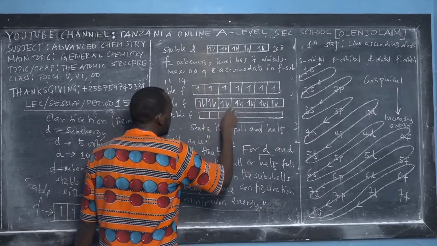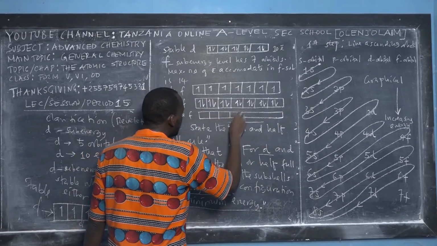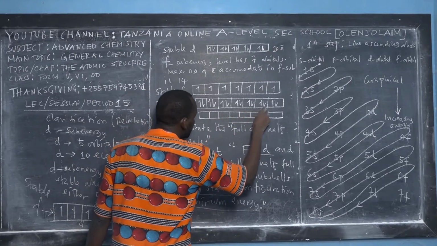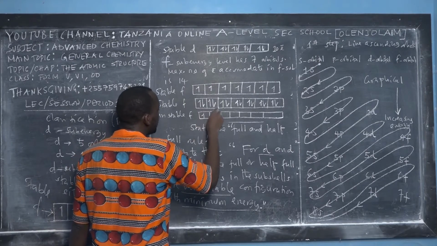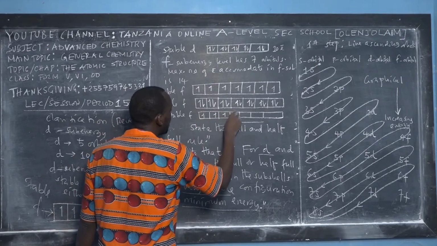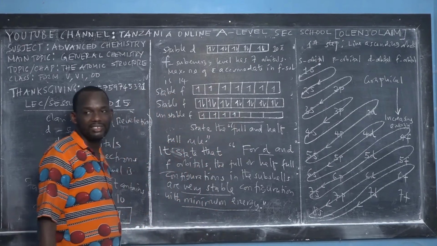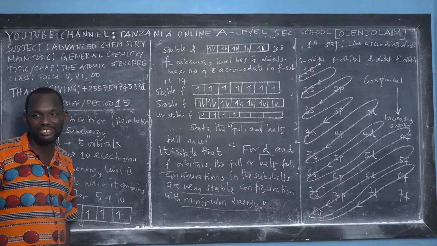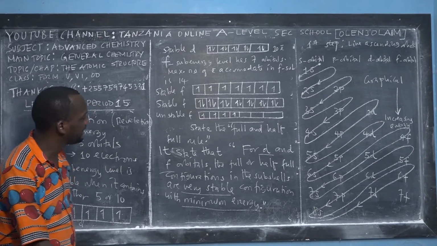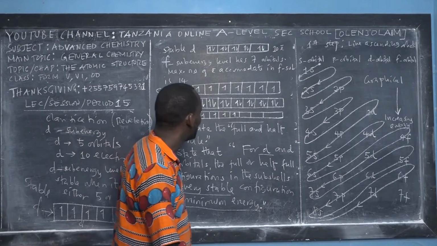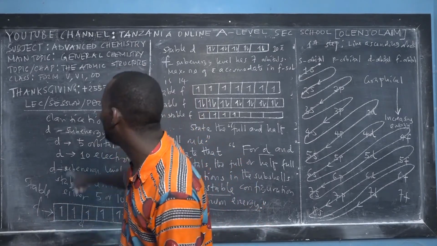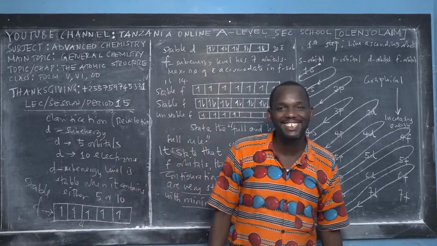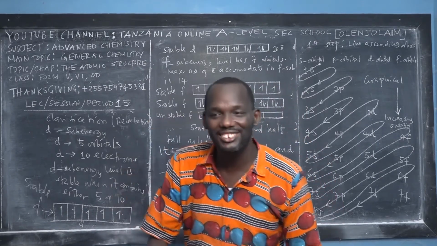So 1, 2, 3, 4, 5, 6, 7. If you have the F orbital filled like this, it is unstable according to the full and half full rule. And that is the end of this lecture, session period 15. I believe you enjoyed it.